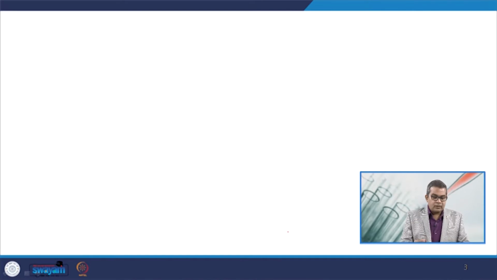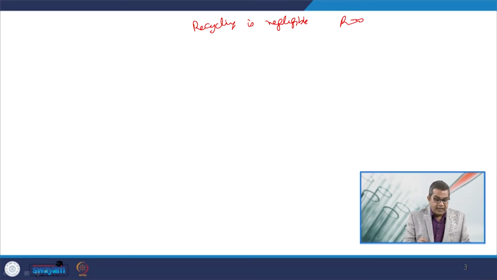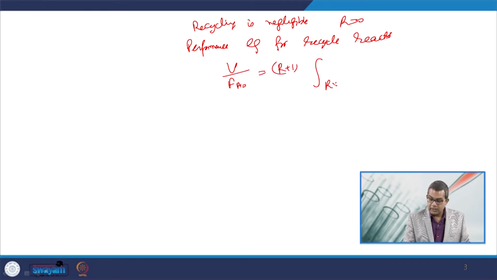Now, we can write these equations in the following form. Let us take the example when the recycling is negligible, that is R, sometimes you may take R equal to 0, and the performance equation for the recycle reactor, that is V upon Fa naught equals R plus 1 integral from R x naught upon R plus 1 to x naught dxa upon minus Ra.